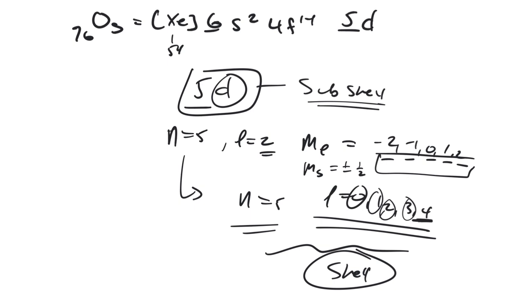And then how many across do we go? One way to do this is to add the electrons: 54 plus 2 plus 14 is 70 electrons distributed so far.